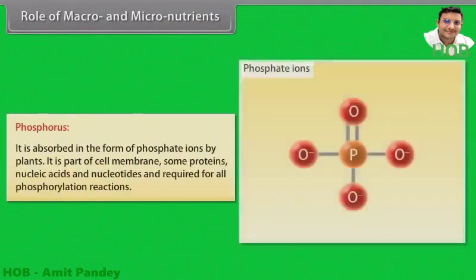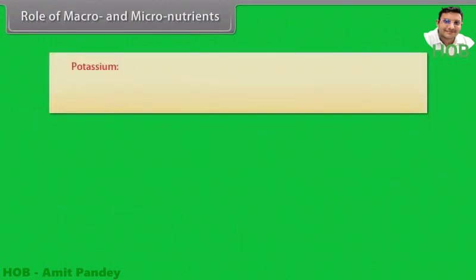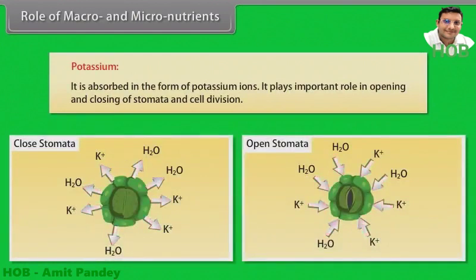It is absorbed in the form of phosphate ions by plants. It is part of cell membranes, some proteins, nucleic acids and nucleotides, and is required for all phosphorylation reactions. Potassium. It is absorbed in the form of potassium ions. It plays an important role in opening and closing of stomata and in cell division.